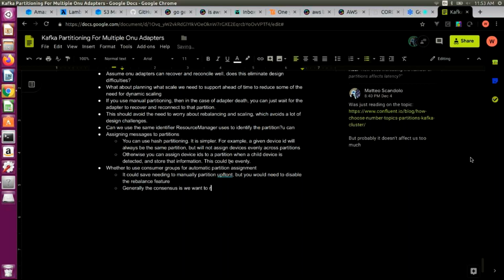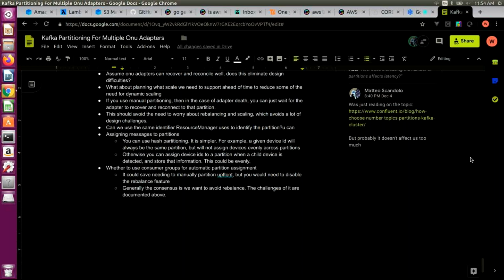Yeah, I think so. I think avoiding the rebalancing is key. And if the automatic method that you're describing does indeed avoid that, then okay, we can have a look at it. But it sounds like this rebalance would be a pretty devastating thing in this particular stateful setup. Yeah, that's correct.